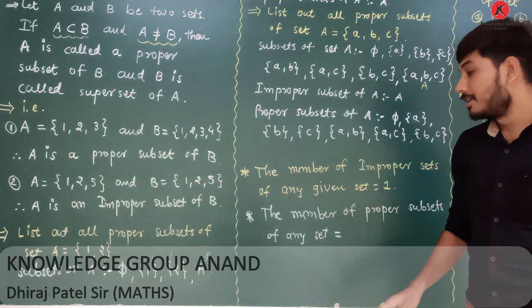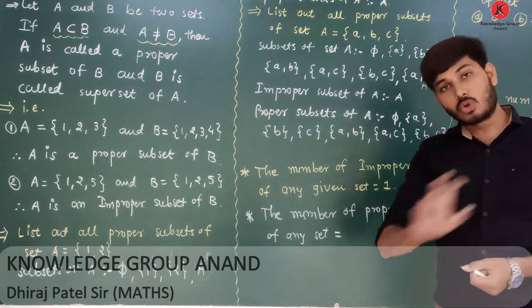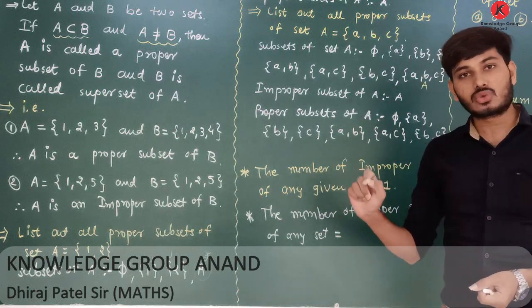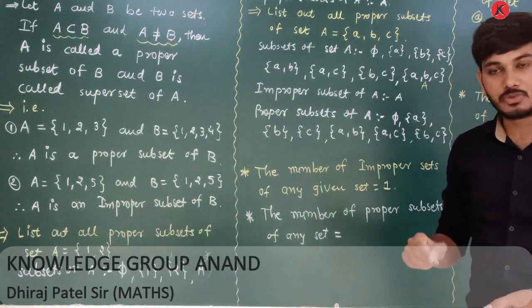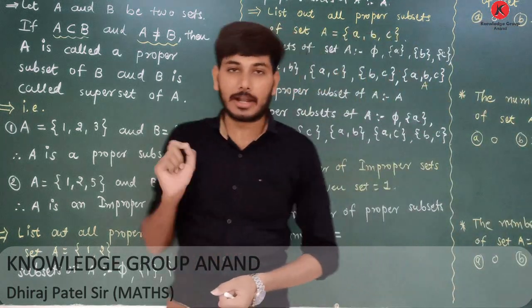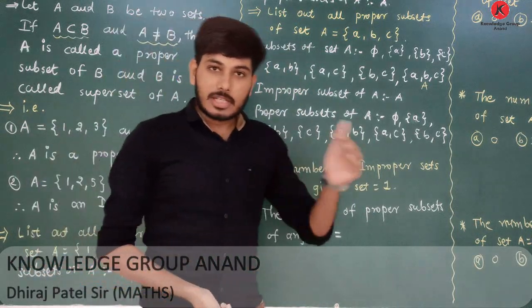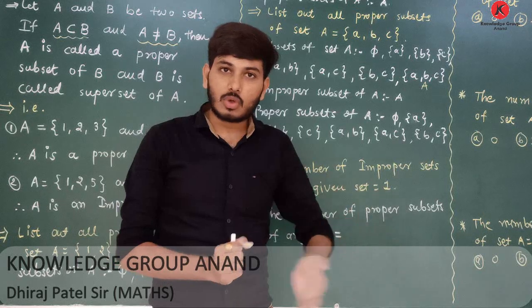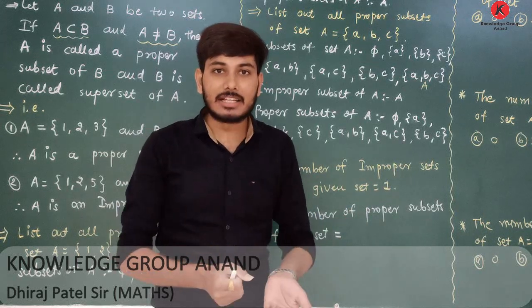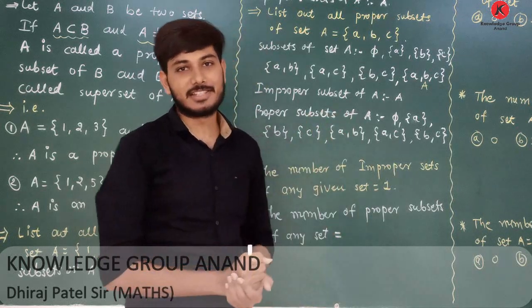We know that the total number of subsets equals 2 raised to n. Subtract one improper subset from the total number of subsets, and we get the number of proper subsets.